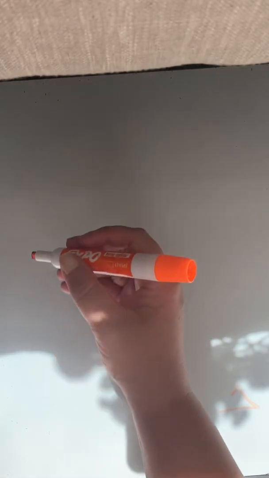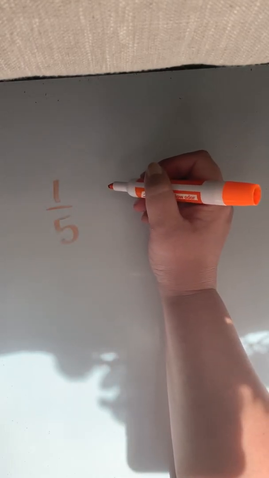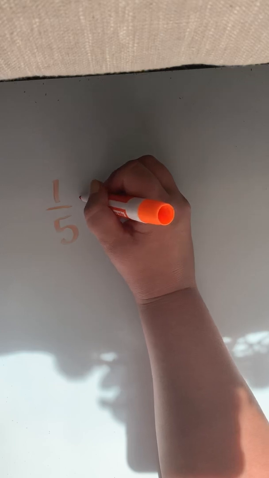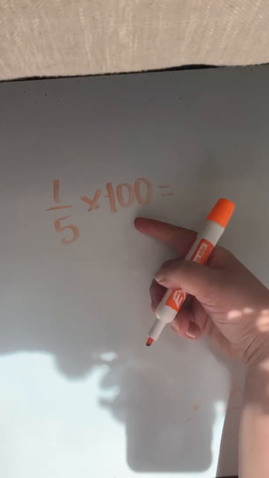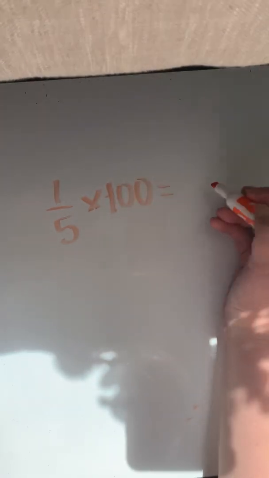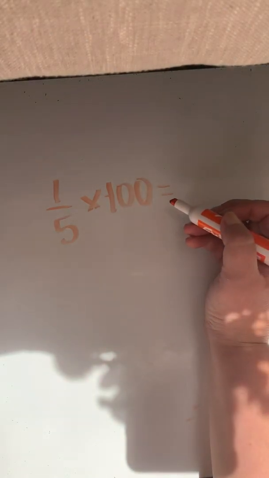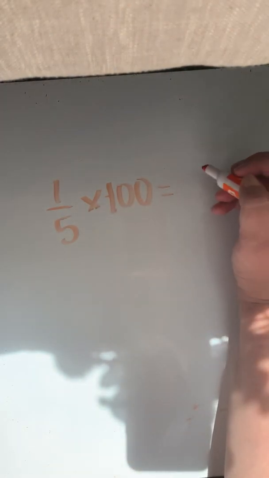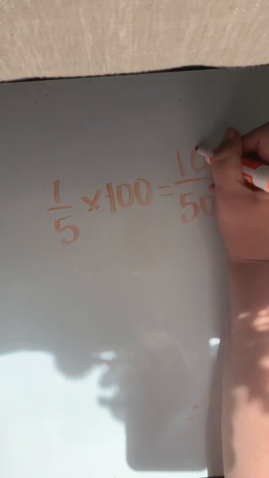Okay. Let's take a look at the next section. It says express each fraction as a percent again. So our example shows 1/5. Okay, well, 1/5 times 100 you could do, since you know that 100 has to be your denominator. This is just a different way of doing it. What is 5 times 100? Good. 500.